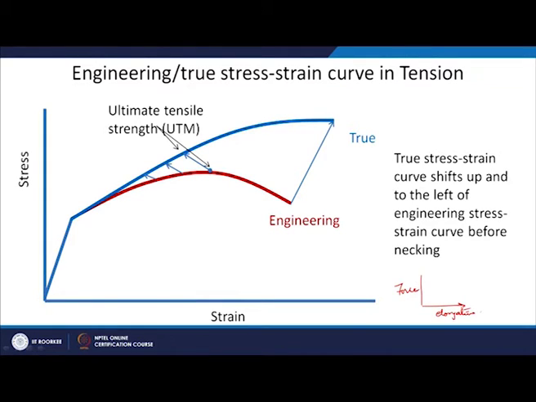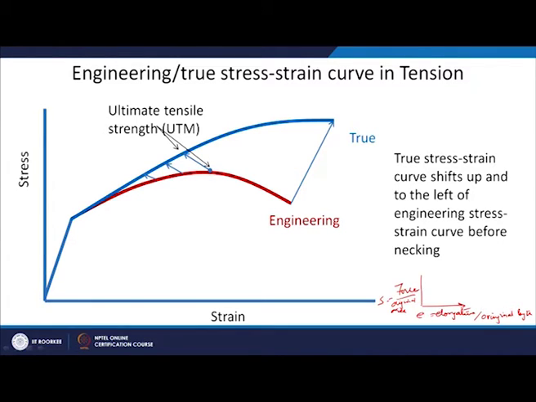So elongation, if I divide by original length, then it will be equal to engineering strain. Force divided by original cross sectional area will give me the engineering stress.